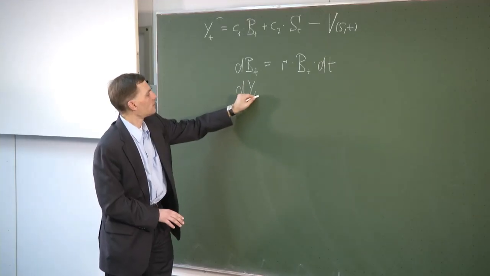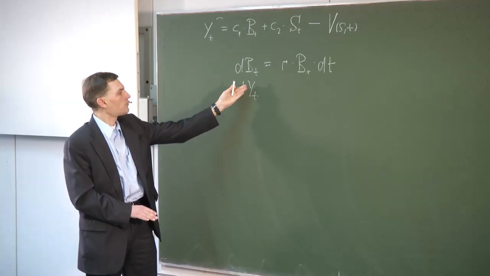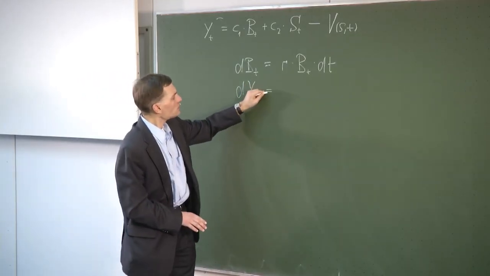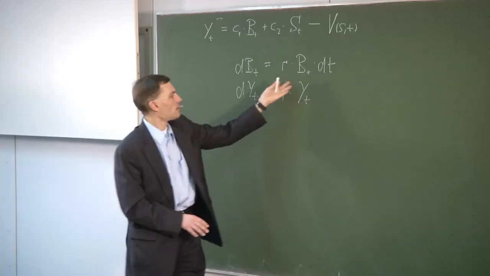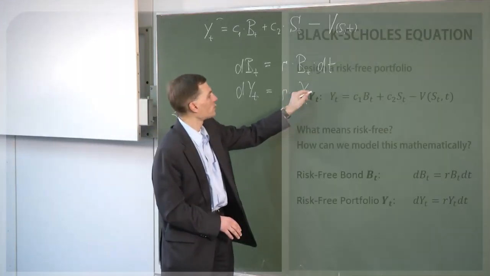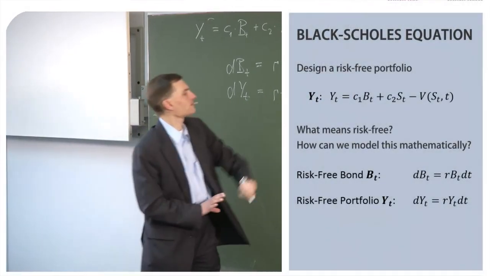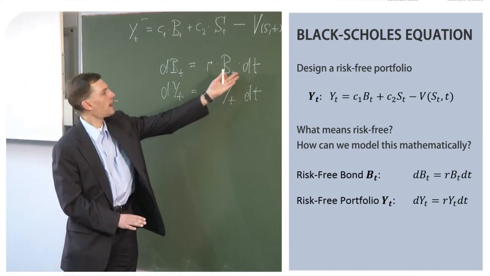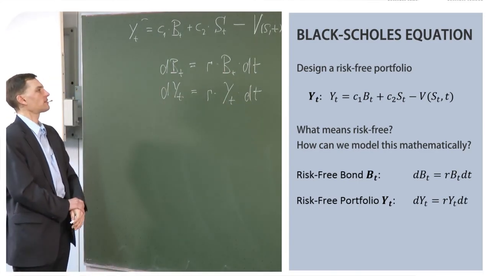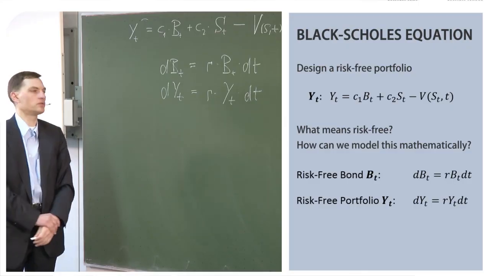That means the change of value of my portfolio, Yt, should also increase with a risk-free interest rate times the money I have in my portfolio over time, dt. So it behaves like a risk-free bond. That is the key assumption I make.